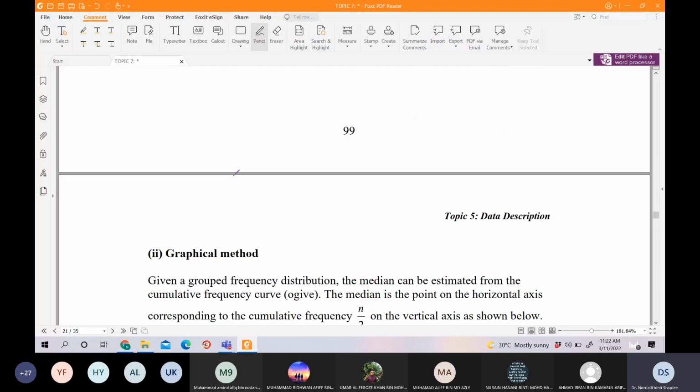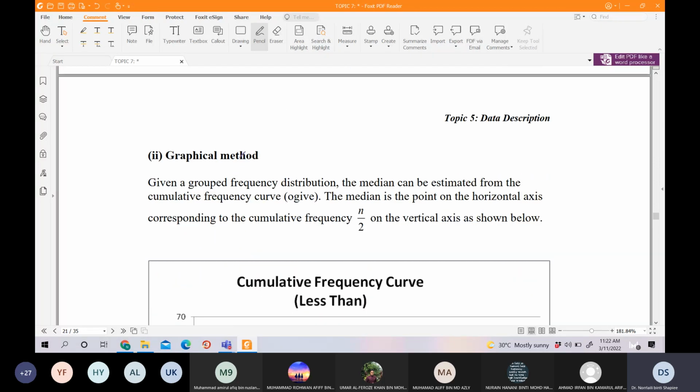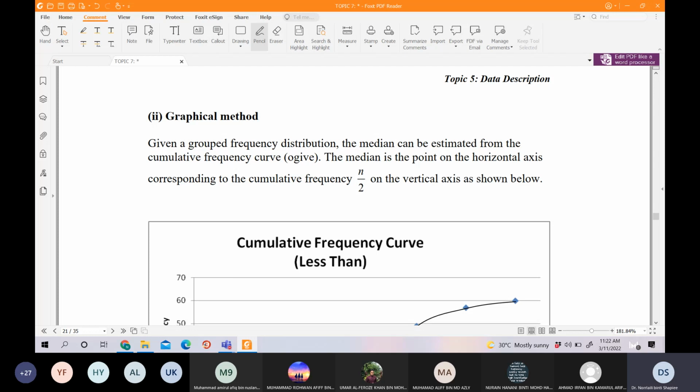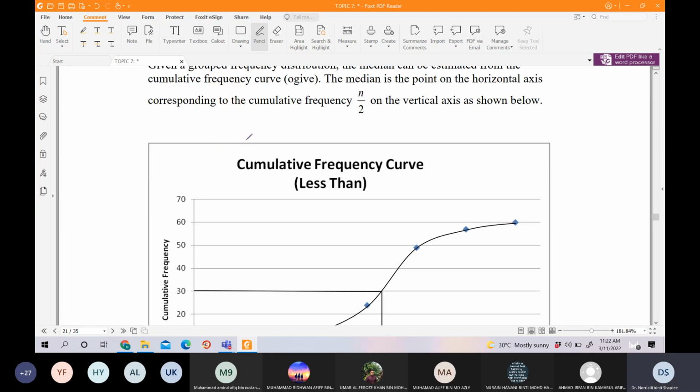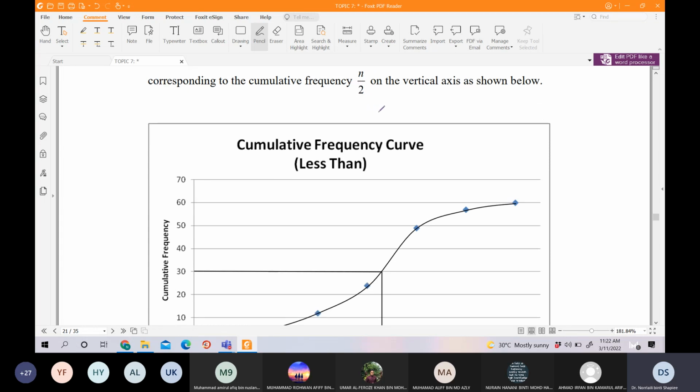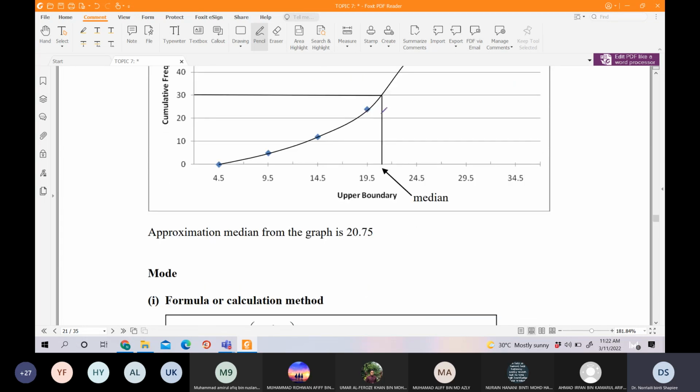there is another method, which is the graphical method. How do we check using the graphical method? From your curve, the cumulative frequency curve, which is the ogive, we want to find the median. The median is the point on the horizontal axis corresponding to the cumulative frequency n over 2 on the vertical axis as shown below.